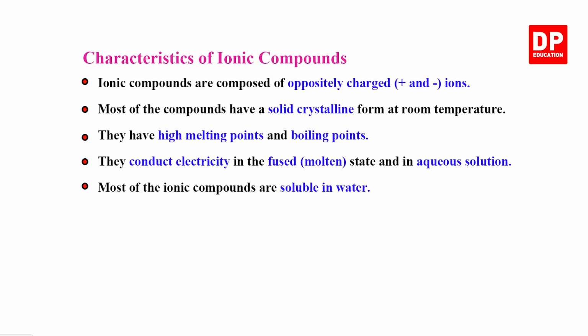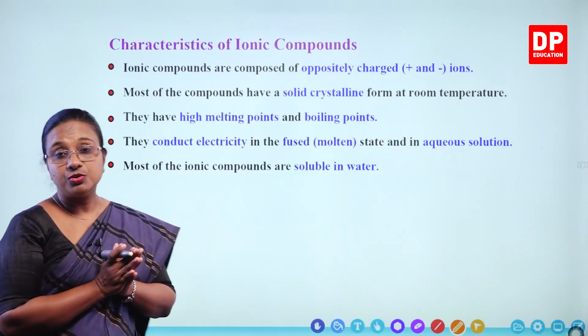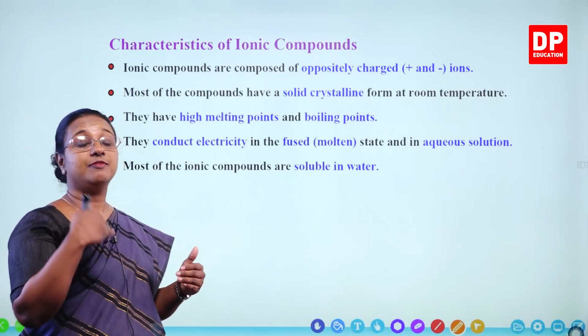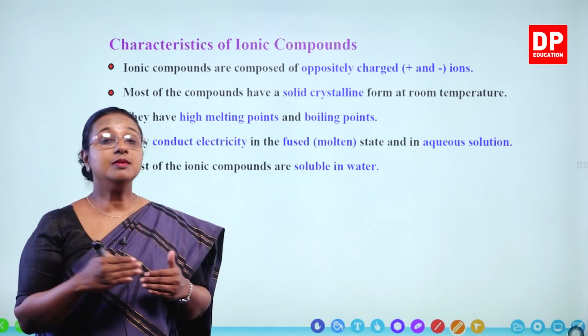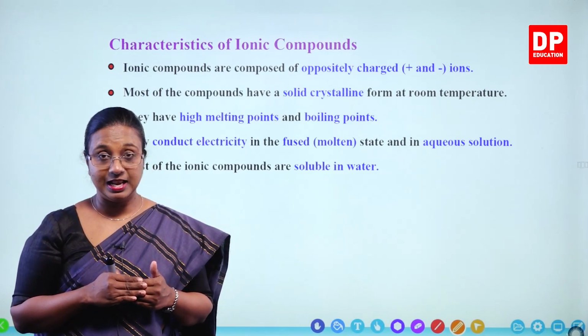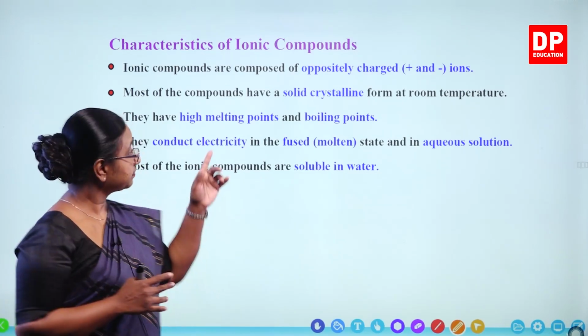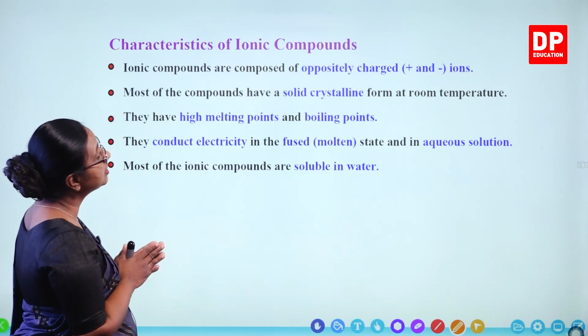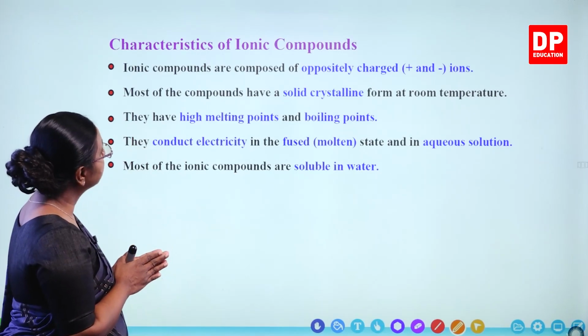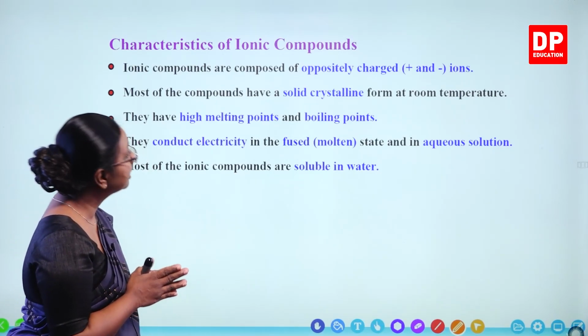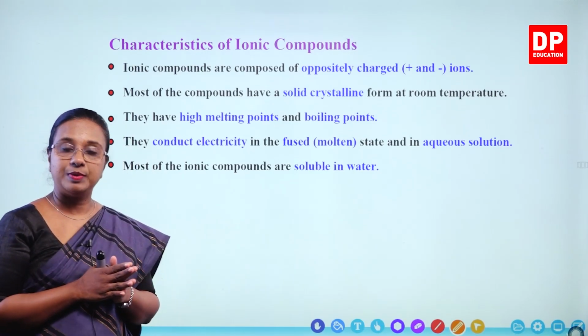So here you can see ionic compounds are composed of oppositely charged, that is positive and negative ions. And you all know, students, the ions can be either from atoms or a molecule with an electric charge. So oppositely charged ions. Most of the compounds have solid crystalline form at room temperature.